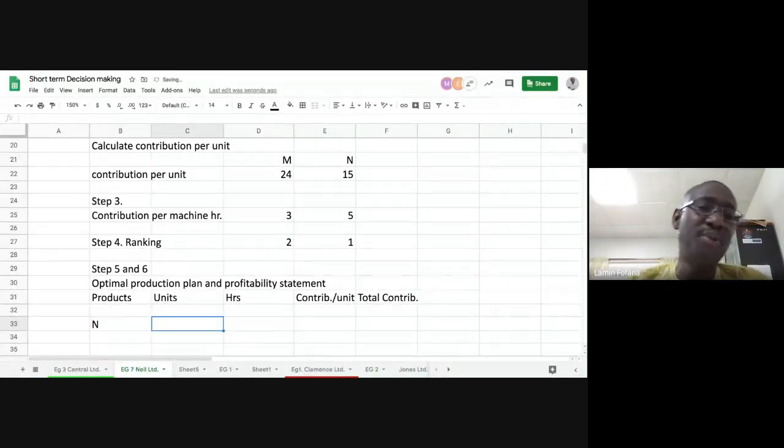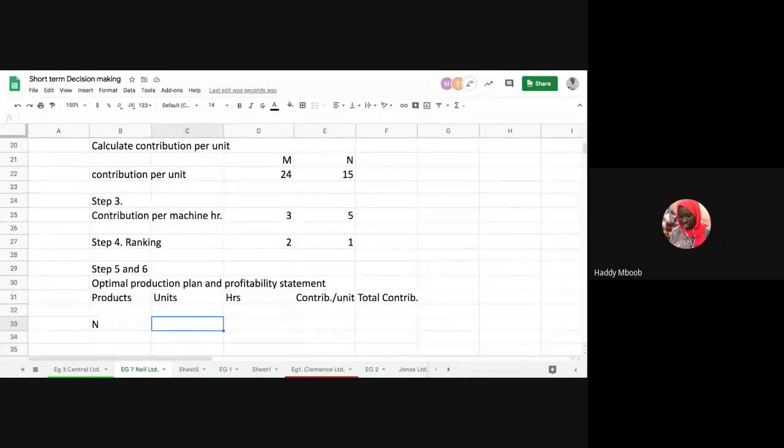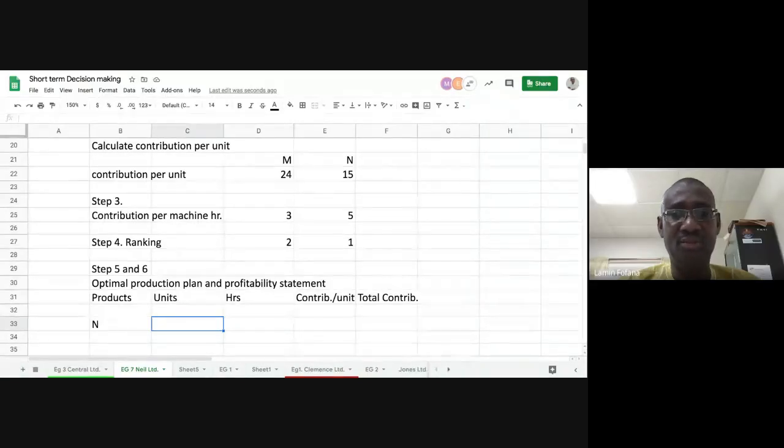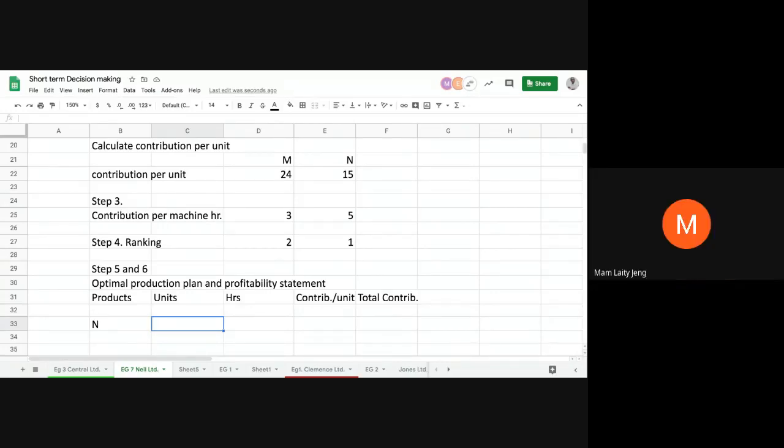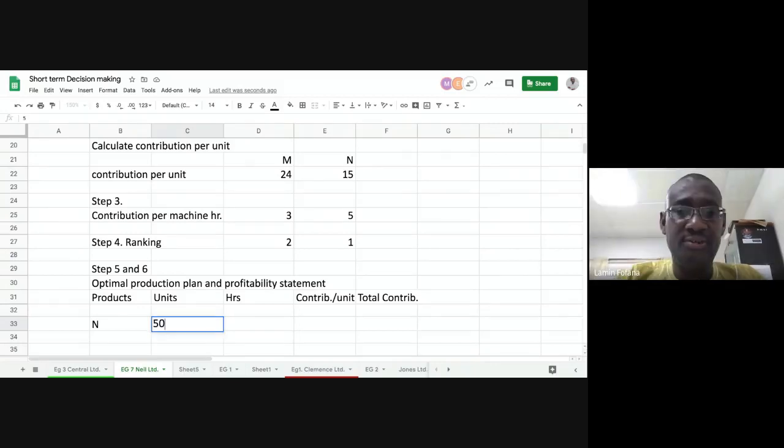How many units of product N do we have to produce? Is it going to be part or everything? Everything, because we can do everything. What is the total units for product N? 500.